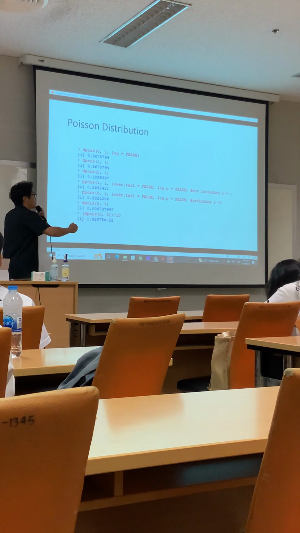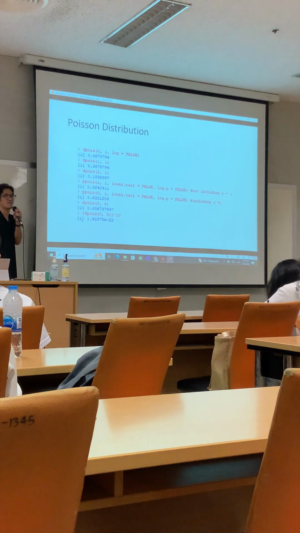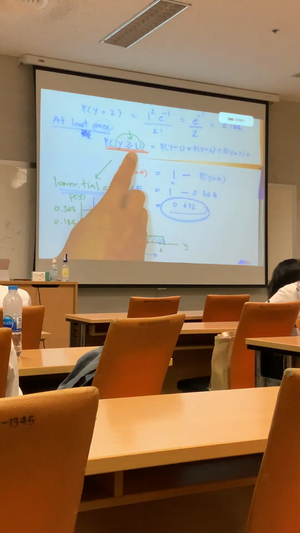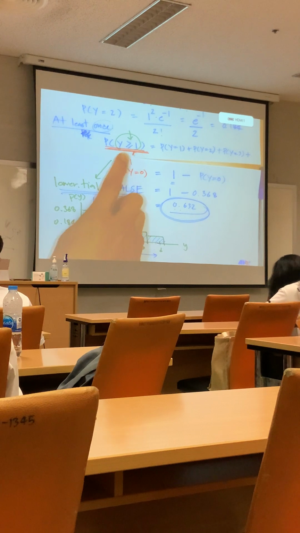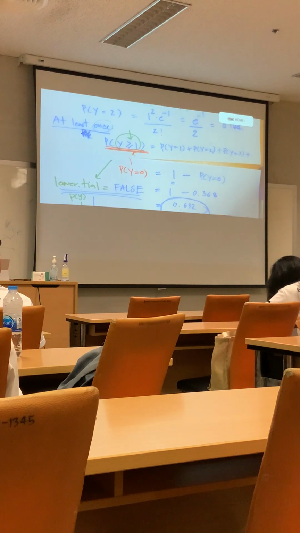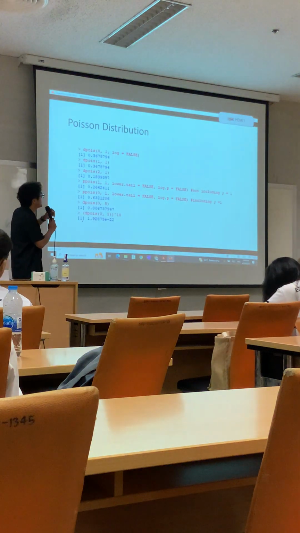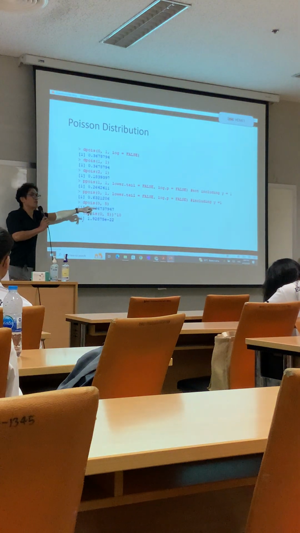Can anyone tell me why? We want y greater than or equal to 1, but in the code, you have to put y equal to 0.